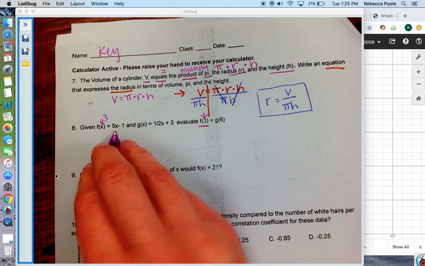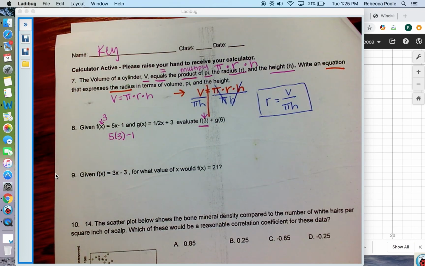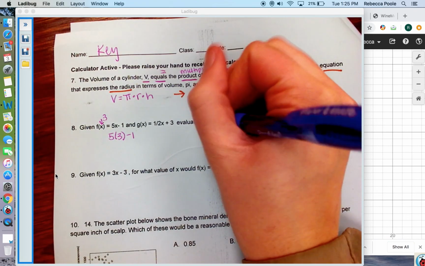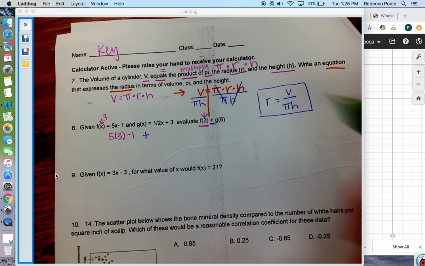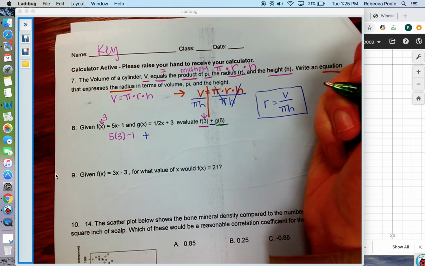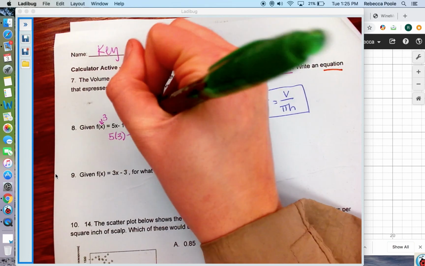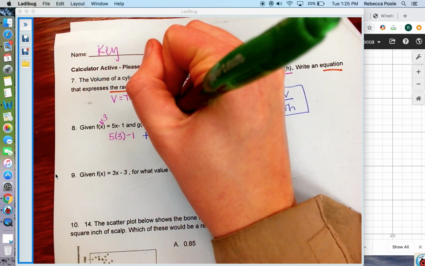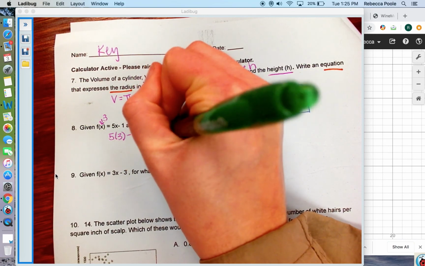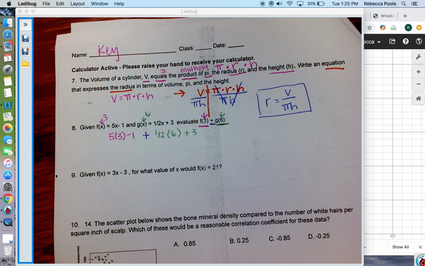So everywhere I see x, I am putting in 3. 5 times 3 minus 1, plus g of 6. So in the g equation, they're putting in 6 for the input. So instead of an x, everywhere we see an x, we're going to put in a 6. So this is going to be 1/2 times 6 plus 3.